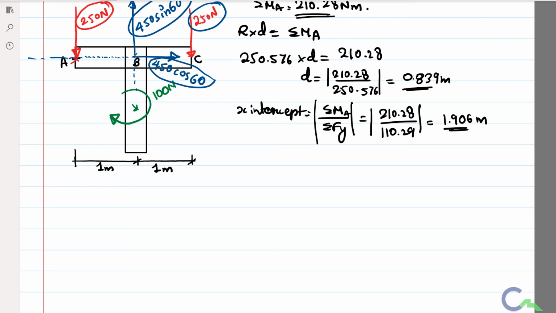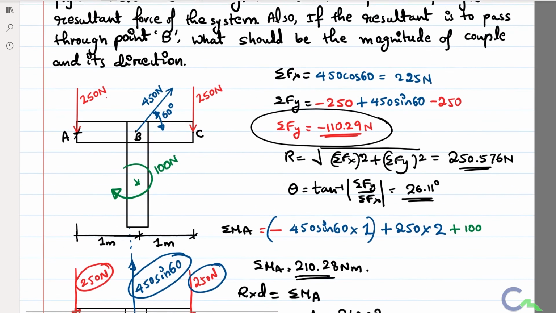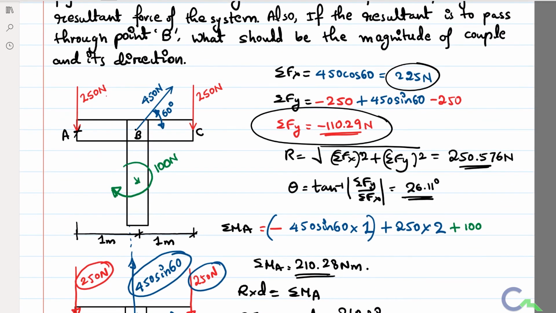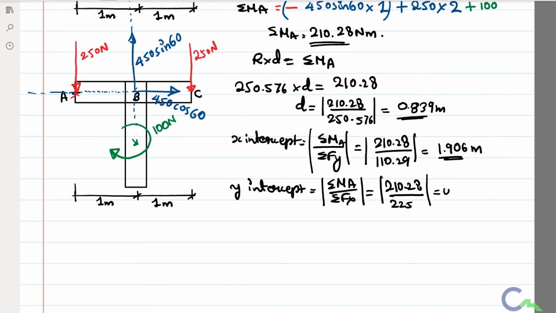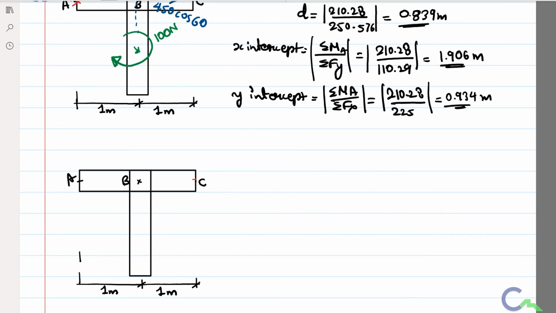Then Y intercept we can calculate, that is sigma MA divided by sigma Fx. So that is 210.28 divided by sigma Fx we got 225. So if I do the calculation, we will get 0.934 meter.